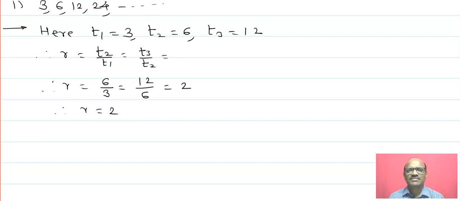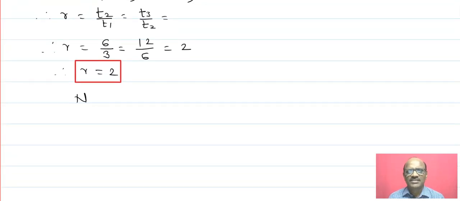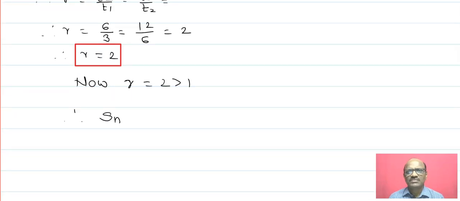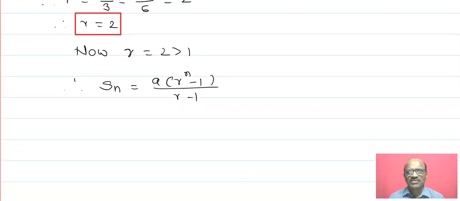Now we find that the value of r is greater than 1, therefore we apply the formula Sn equals a times (r raised to n minus 1) upon r minus 1. This is the formula throughout the exercise. You have to remember this.